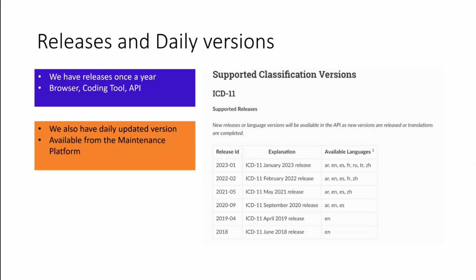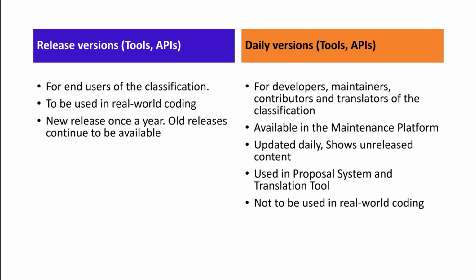Therefore, this is not an official version of the classification. So it's very important to note the Orange coding tool or the Orange browser are not to be used for actual coding. And here is a comparison of the release versions and the daily versions.